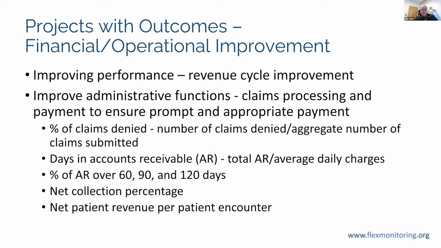There are some industry standards that you might be able to look at, but obviously monitoring the changes in the AR over these time periods is important. And a move from reducing the number of days in AR in 120 days to 90 or to 60 shows you're moving in the right direction. Your net collection percentage, and net patient revenue per patient encounter. Next slide.